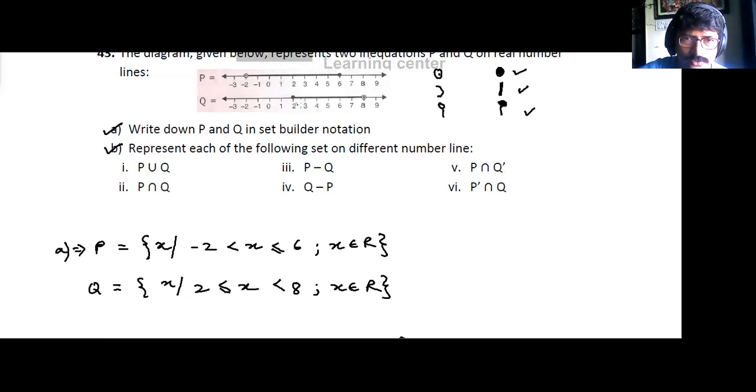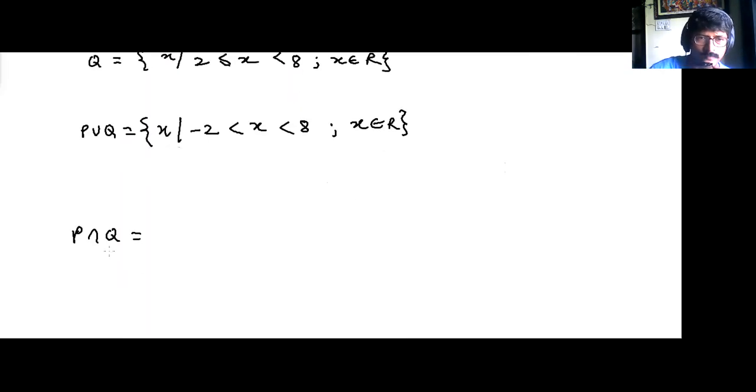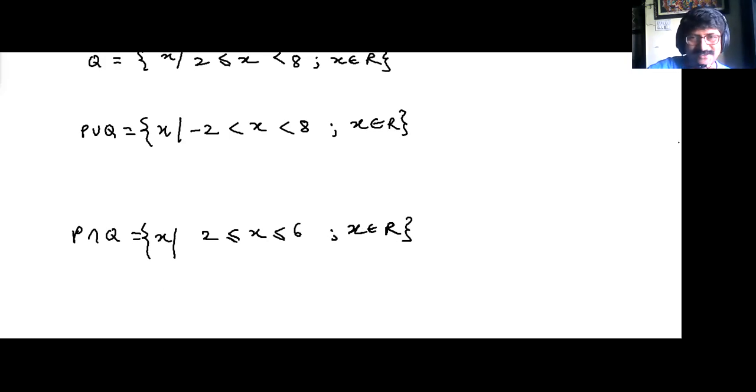This is my cursor. If you see near 2, it is there in both the sets, and 6 is also there in both the sets. So we're going to add this in P intersection Q. X such that 2 less than or equal to X less than or equal to 6, and X belongs to real number. I hope you understood, and you will be able to draw this number line also, isn't it?